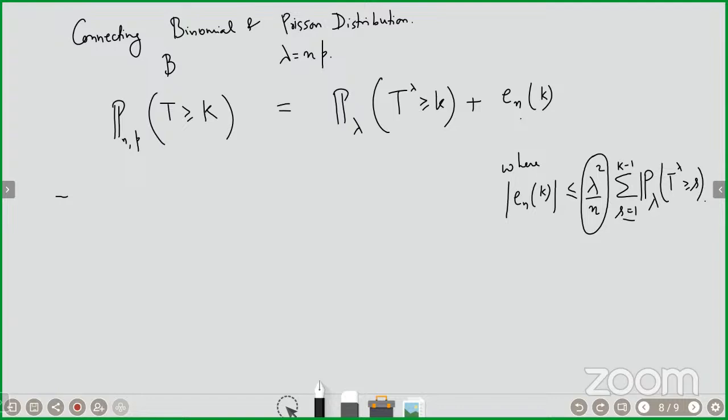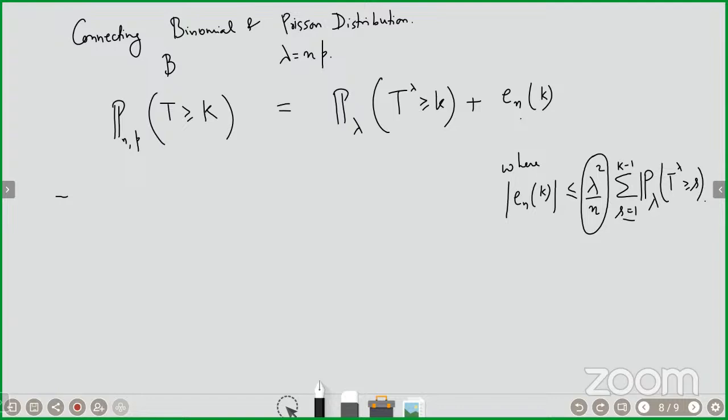Now how do I see this? The left hand side equals 1 minus the probability that T is less than or equal to K. That follows because of the coupling: that thing will have the same distribution as x prime.